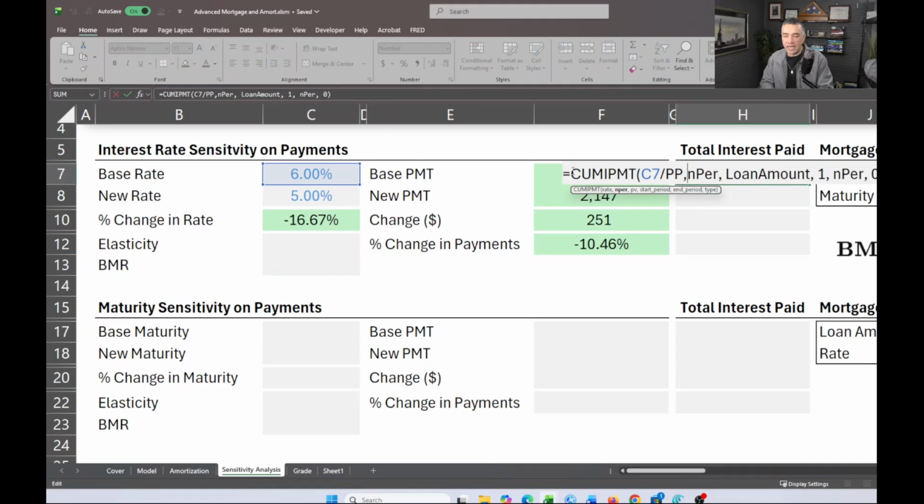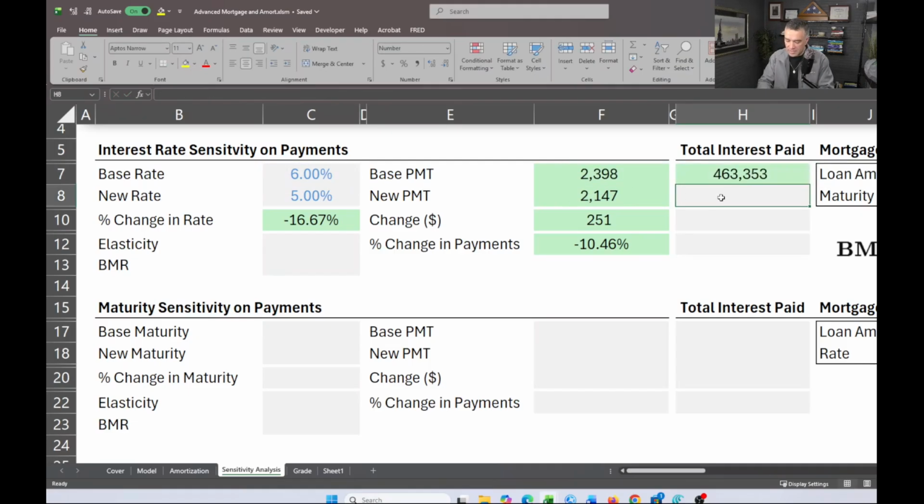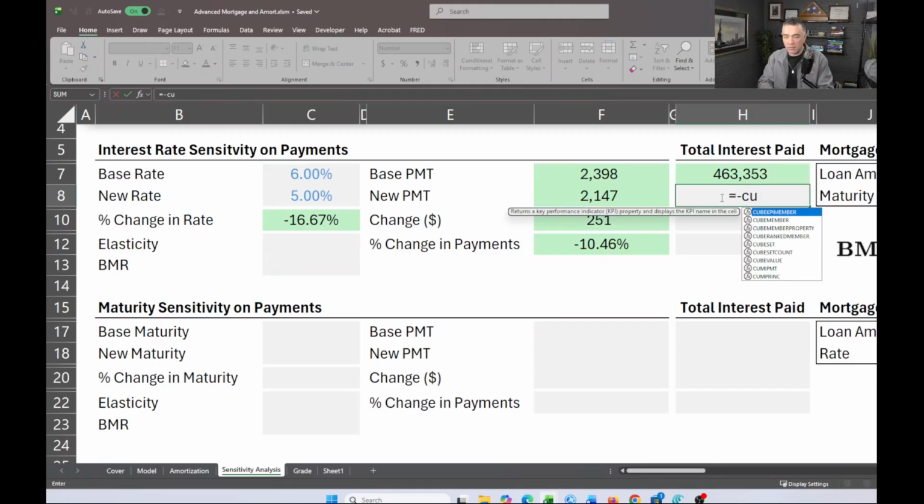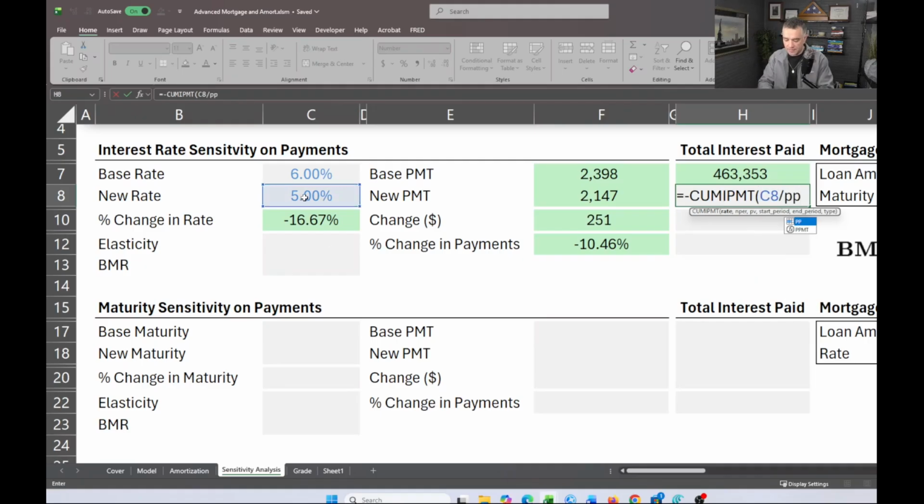Again, I do a negative because I like to look at positive dollar values, since it spits out negative. So it equals negative again, and we'll do the cumulative interest payment. That would be the rate divided by the periodic payment, comma, NPER. I'm going quick because I know you know how to do this. And then that would be NPER and then end of period.